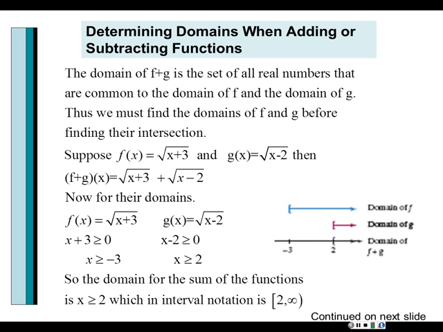When you are combining both situations, look at this. From here, the blue line goes from negative 3 all the way to infinity, right? For the red line, from 2 all the way to infinity are true.